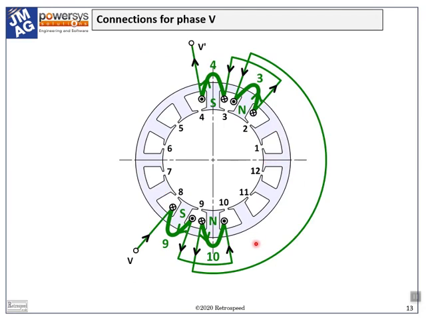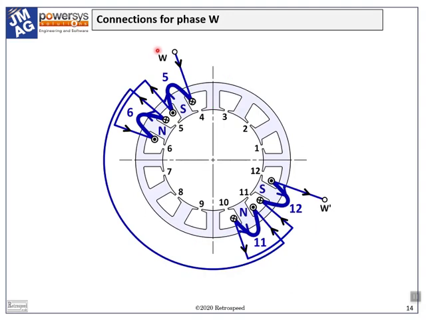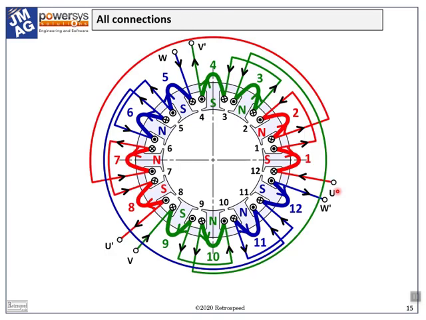And here it is for phase V, 9 minus 10 minus 3, 4. And here it is for phase W, 5 minus 6 minus 11 and 12. When all the phases are put together, the winding diagram looks like this.